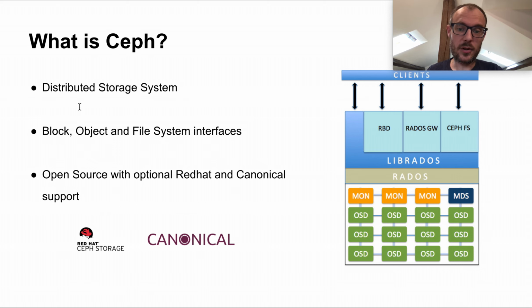It has also a commercial solution by Red Hat and Canonical. And I'm not going to deep dive into the Ceph architecture today, but let's see how we can make use of Vault together with Ceph so that Ceph can make use of the Vault keys to perform encryption, server-side encryption.